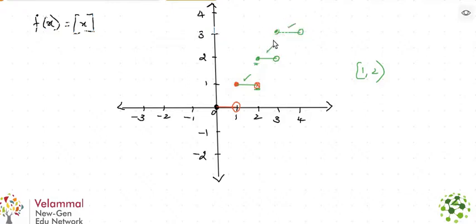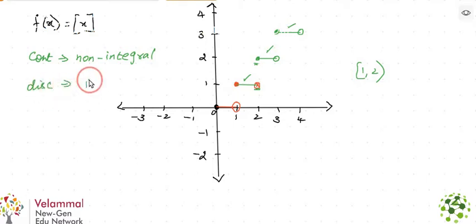It's a very important theorem. The greatest integer function is continuous at non-integral points. Non-integral means non-integer points. And it is discontinuous at integral points. Integral points means integers. Okay, so this is the common sense of doing the greatest integer function.